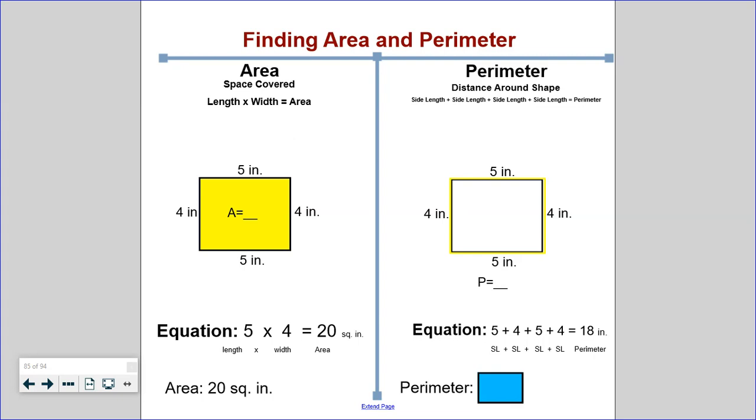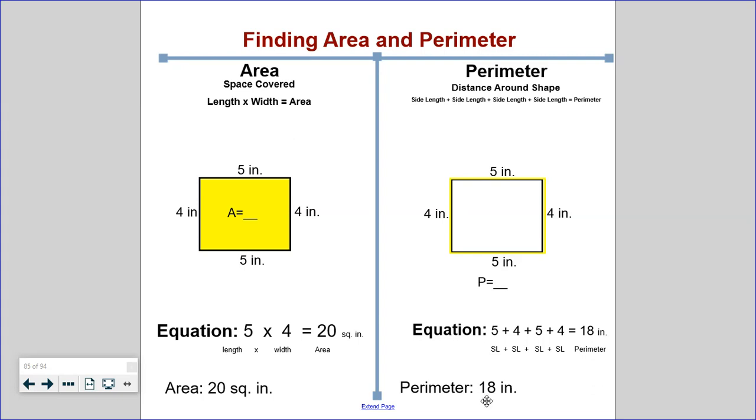Now, heads up, remember with addition, you can add numbers in any order and you will still get the same answer. You can add them up in any order, whatever's easier for you, as long as you add all the sides together. So in this case, they did 5 plus 4 plus 5 plus 4, and that equals 18 inches. So the perimeter of this same rectangle is 18 inches.